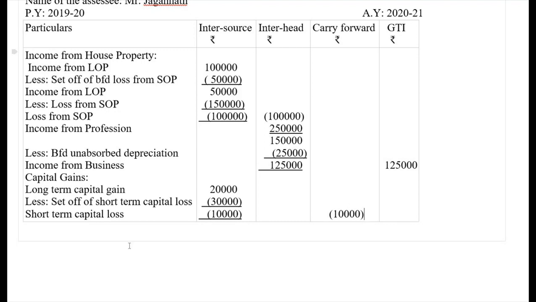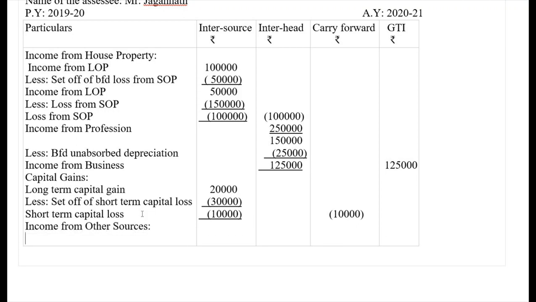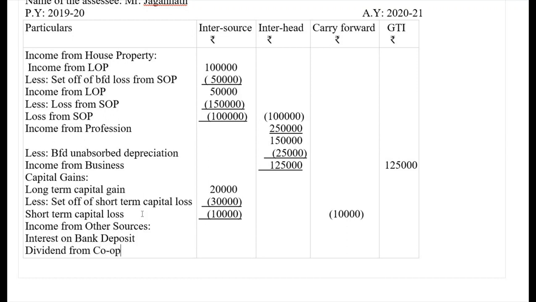Then the next one comes here, income from other sources. Before we take the casual incomes, first we shall take interest on bank deposit, then dividend from cooperative society, then less interest on securities.